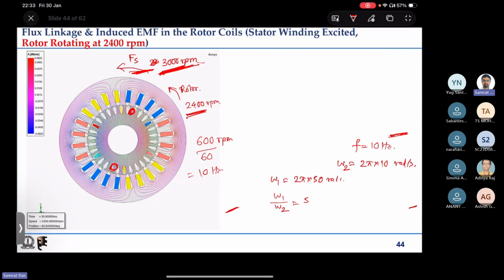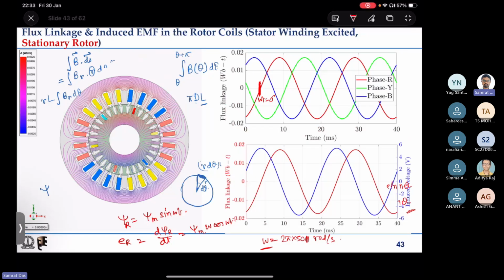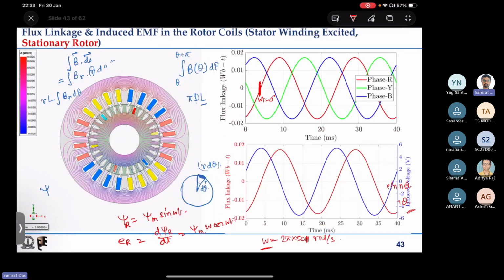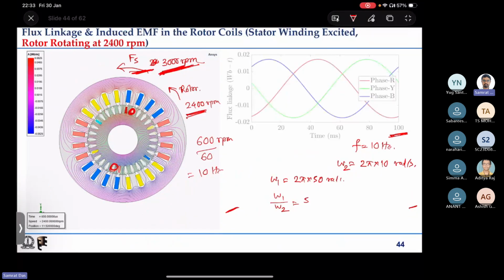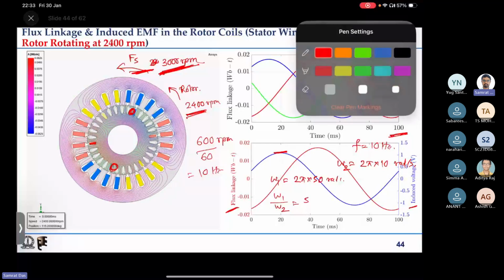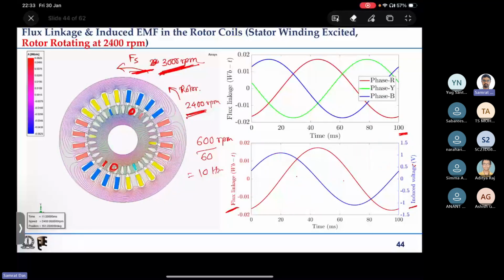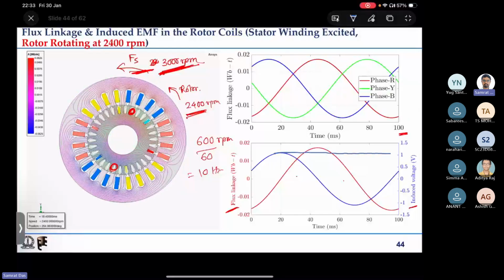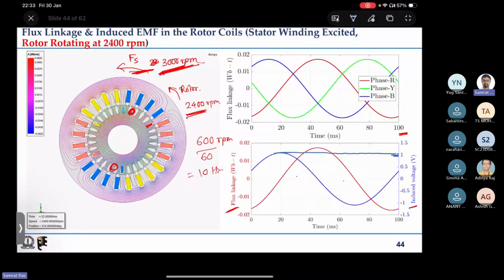Now look at the first case: the induced EMF magnitude, this blue thing, was somewhere around 5 volt. If I look at this case, it will be somewhere around 1/5 of that.